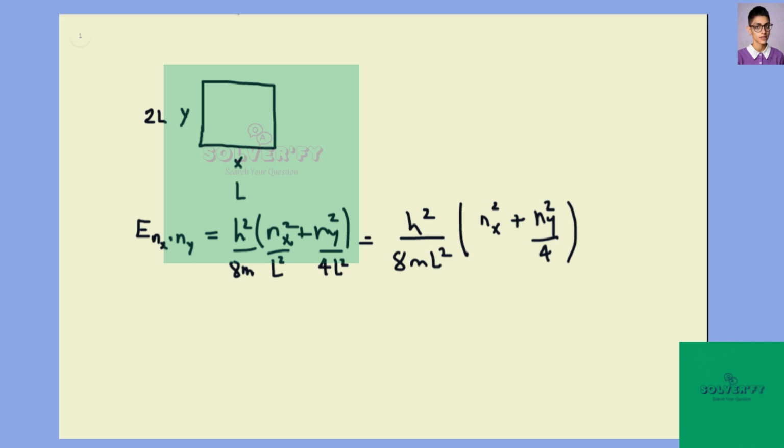Our first problem is to find the energy of the electron in the ground state. The ground state in this case, part A, will be nx equal to 1 and ny equal to 1. This is our state.